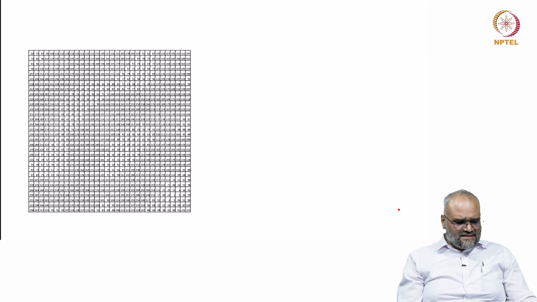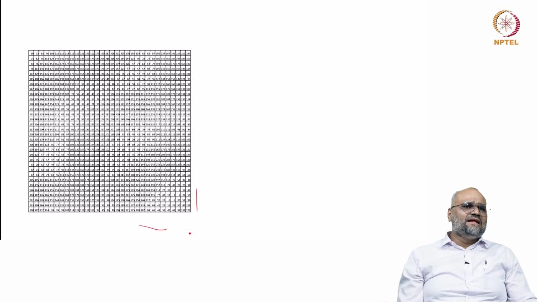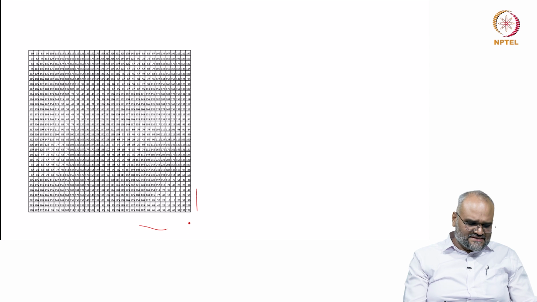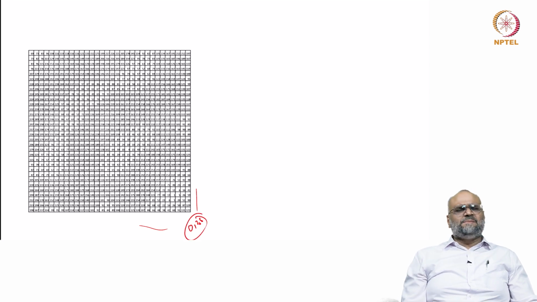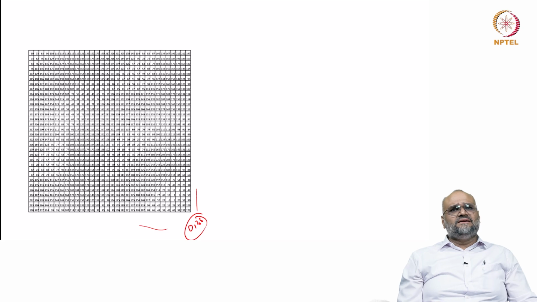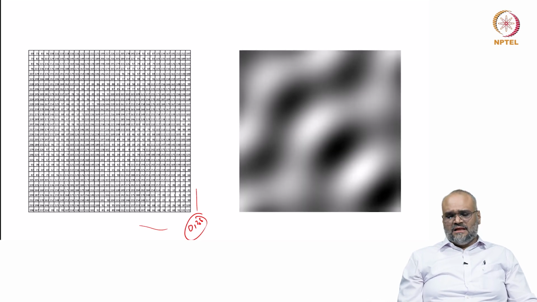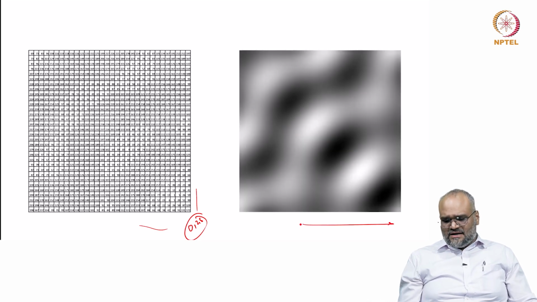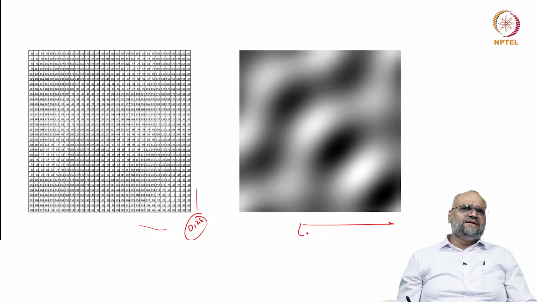Here is a 32 cross 32 array of intensity distribution where the values of intensity range from 0 to 255, and a typical image that is recorded appears like this. Now, the contrast variations you see in a material are typically like this in a transmission electron microscope.